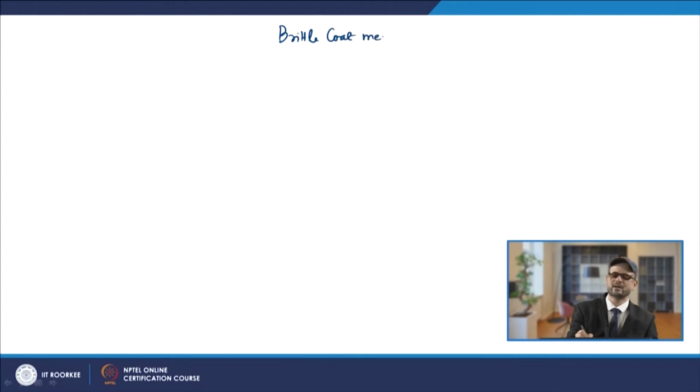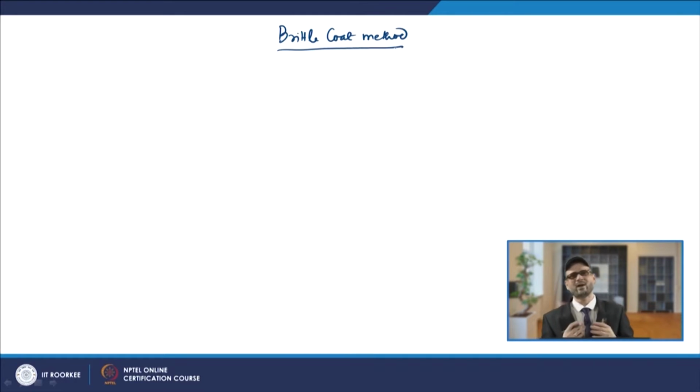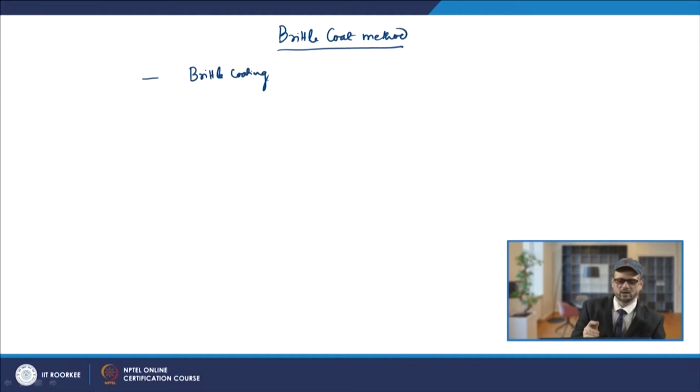As the name indicates, in this method you provide a coating. You give a brittle coating, making a layer of brittle coating. That is also known as the stress coat or brittle lacquer.